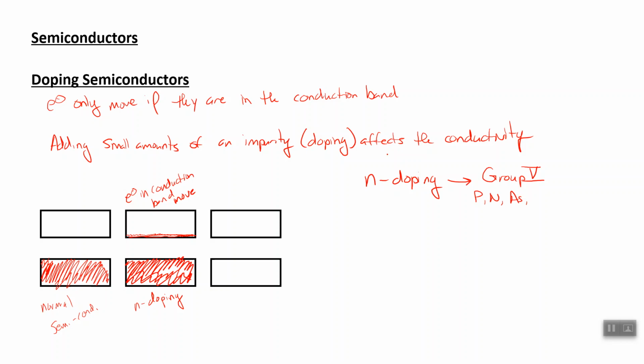The opposite is, what if we go the other way? What if we add something that has not enough electrons to fill the valence band? That is called p-doping.